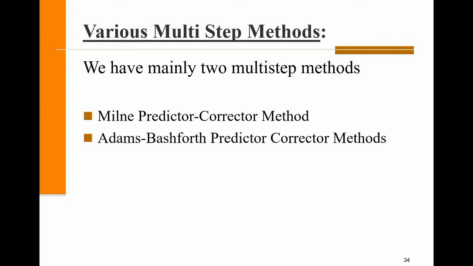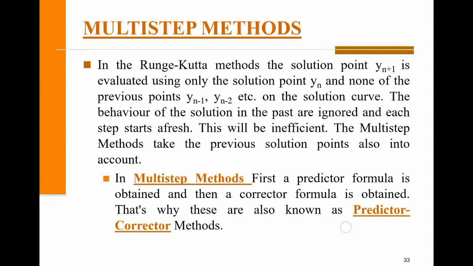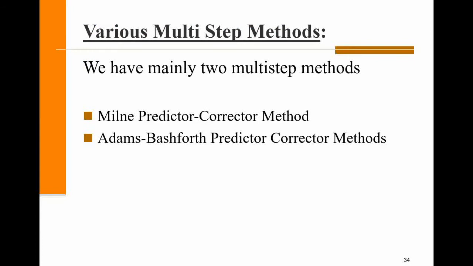In one step, we will predict the value, and in another step, we will correct that predicted value. So that's why this category is known as the predictor corrector method, right? So multi-step methods are predictor corrector methods. We have two methods, Milne's and Bashforth methods.